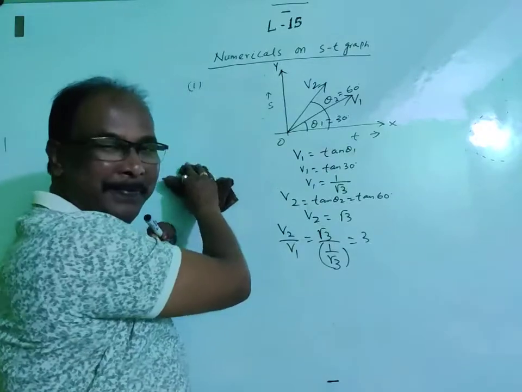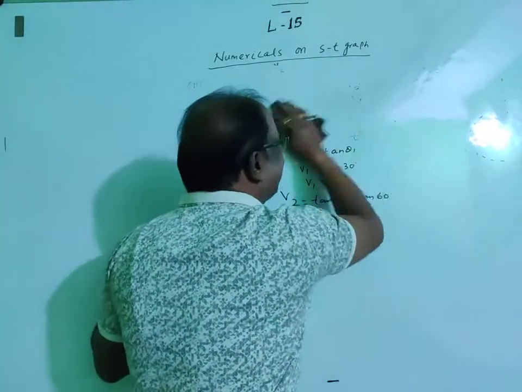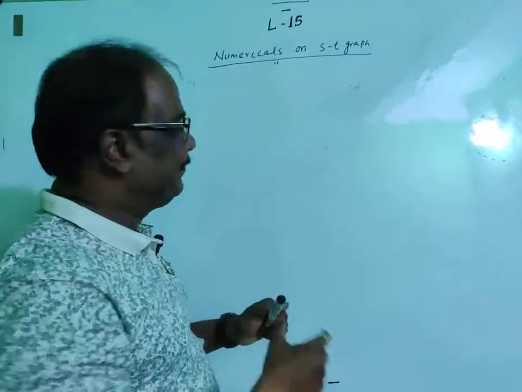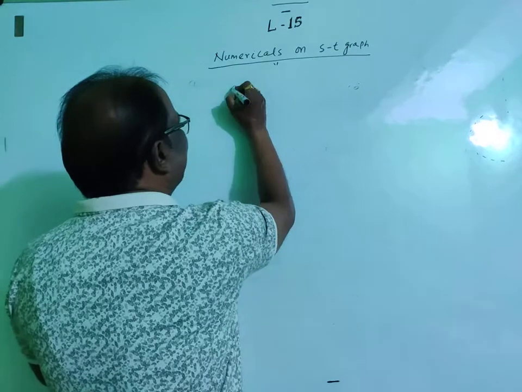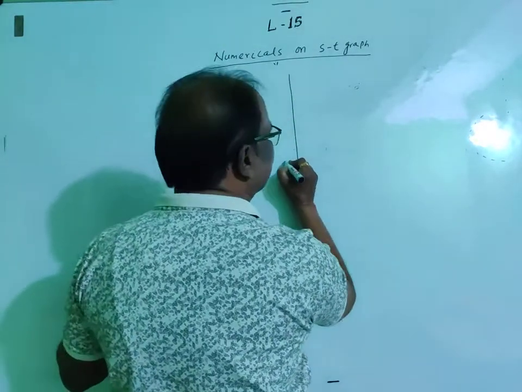Okay. Then question number 2. Is it clear? Is it clear to all? Okay. Question number 2. Displacement time graph.